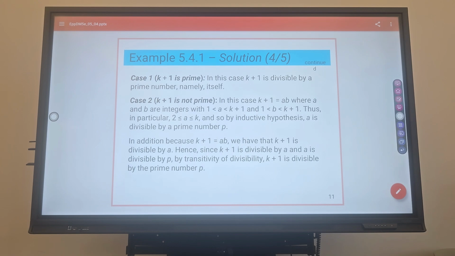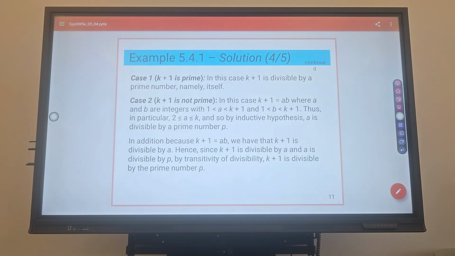If k plus 1 is not prime, then k plus 1 equals a times b, where a and b are integers with a between 1 and k plus 1, and b between 1 and k plus 1. So 2 is less than or equal to a, which is less than or equal to k. And so by the inductive hypothesis, a is divisible by a prime number p.